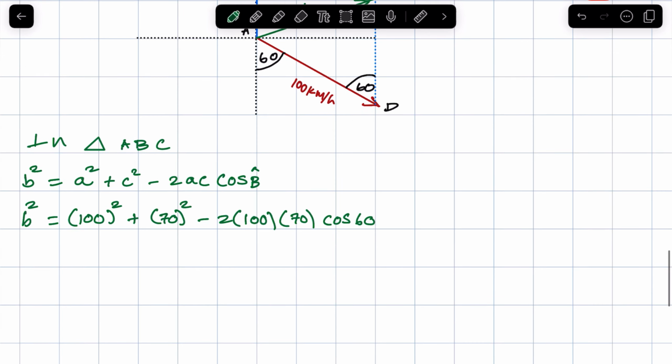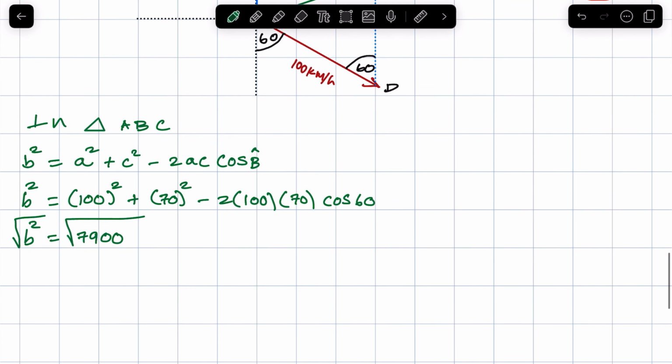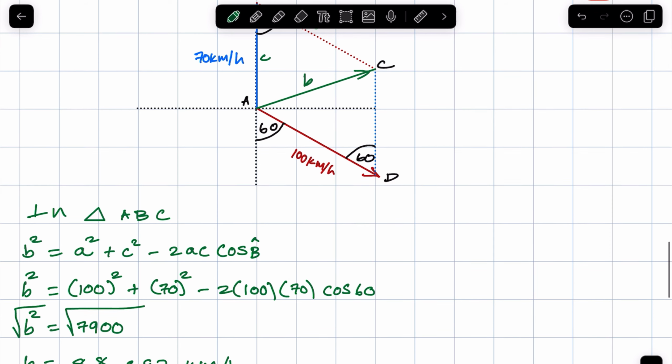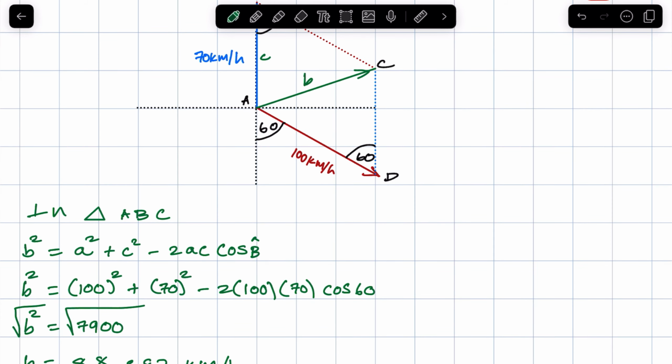If you punch this in your calculators, we're going to get 7,900. Because we're looking for b, we apply the square root to each side. So b is equal to 88.882 kilometers per hour. So we essentially have the velocity of A relative to B at this point.